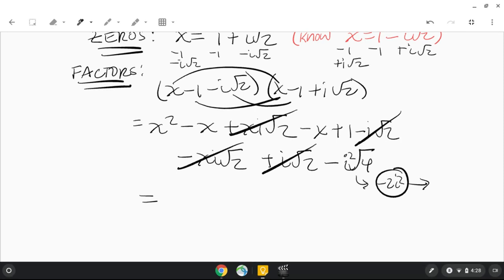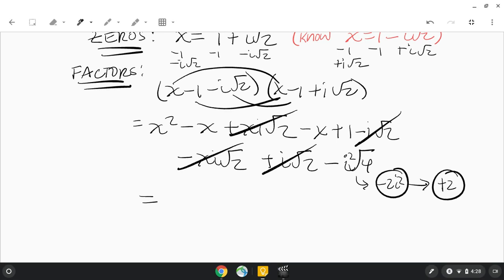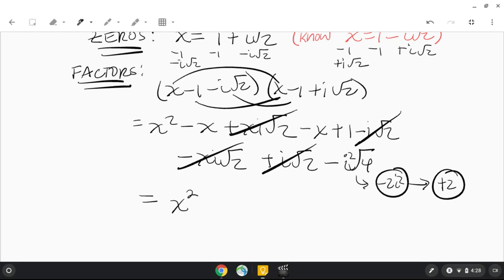So what happens is when you multiply these all out, even though you have all these radicals and imaginary numbers, they should all cancel out or disappear somehow. And so you should end up with just real coefficients.